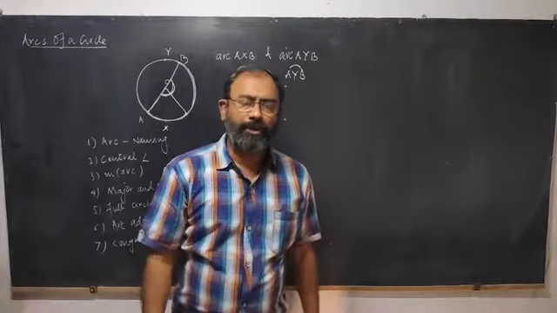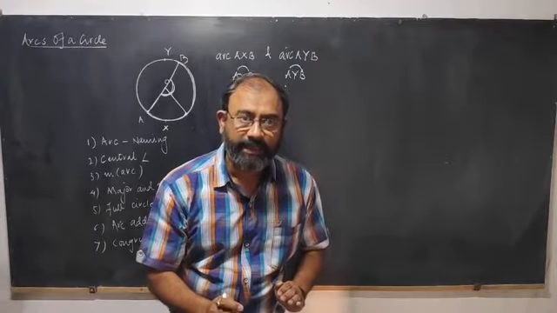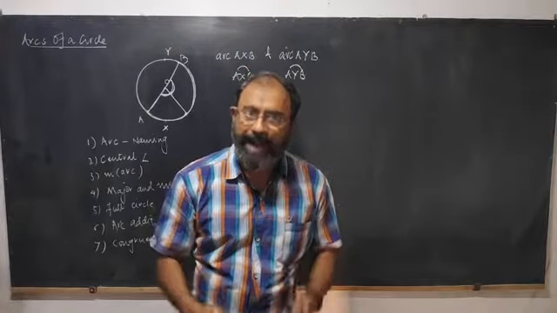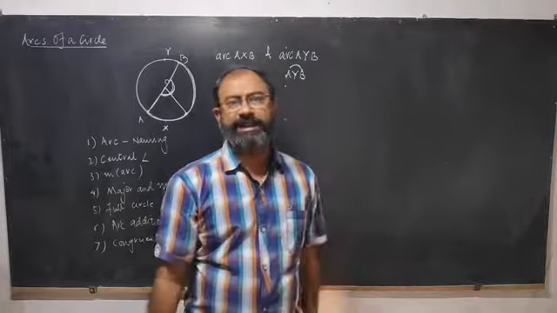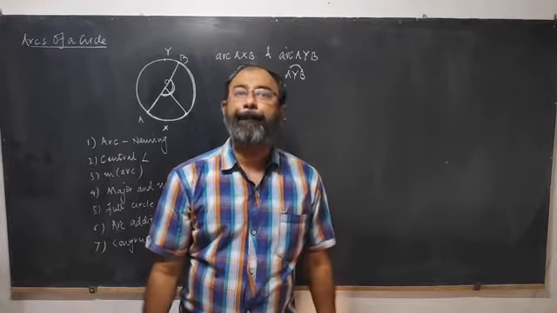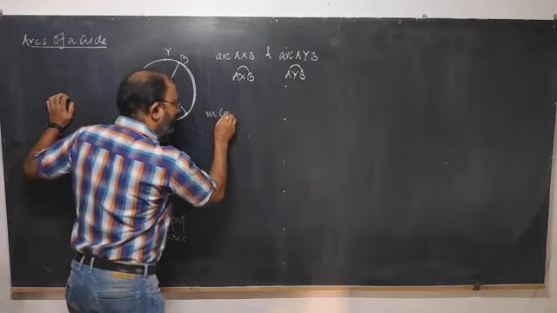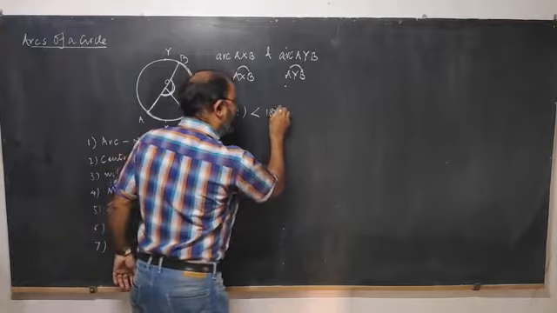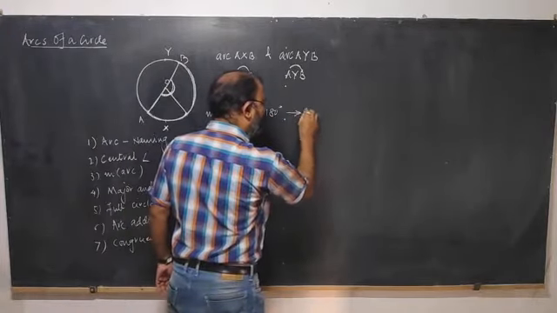Okay, so if the measure of the arc is less than 180 degrees, then it is called as a minor arc. If the measure of the arc is more than 180 degrees, it is called as major arc. Okay. If measure of any arc is less than 180 degrees, then that will be called as minor arc.